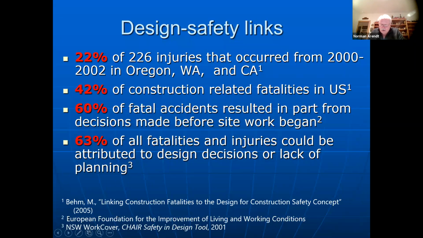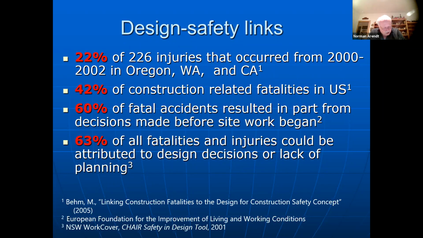There's a lot of information on workplace fatalities. These are some old statistics that are still being used as a basis for the concept. But John Smallwood showed that 50% of general contractors identified poor design features as affecting safety on the construction site and as affecting future maintenance.